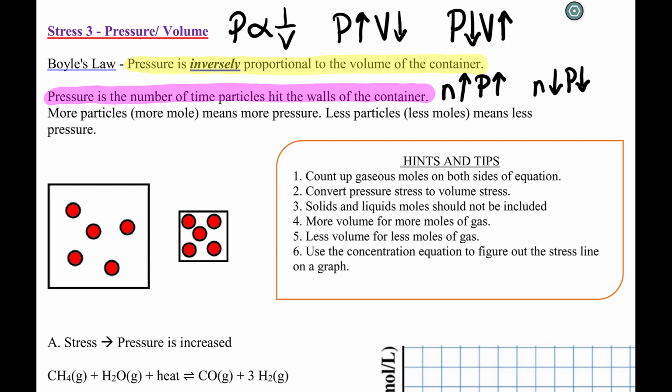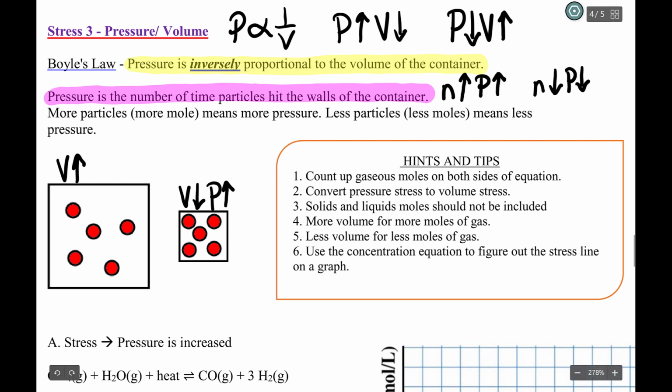The other thing you can do is change the volume of the container. So looking down here, we can see both of these boxes have 5 particles in them. And you can see that if you have a larger volume here as opposed to a smaller volume here, it is more likely that these particles are going to hit the walls of the container because they have less distance to go to hit the walls. Therefore, the pressure would be higher here even though they have the same number of moles.